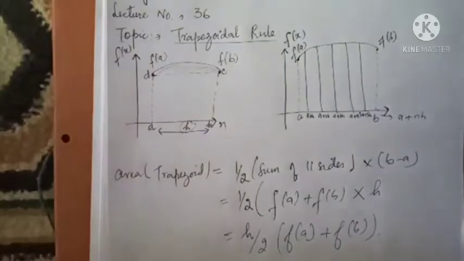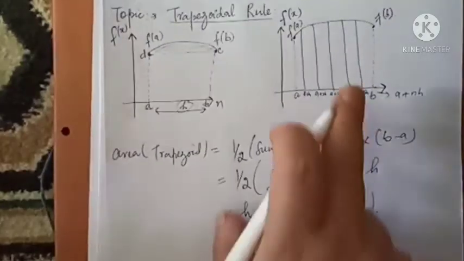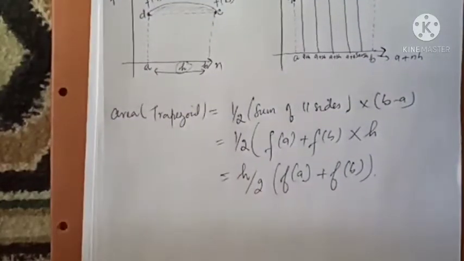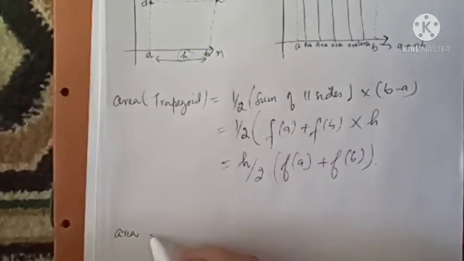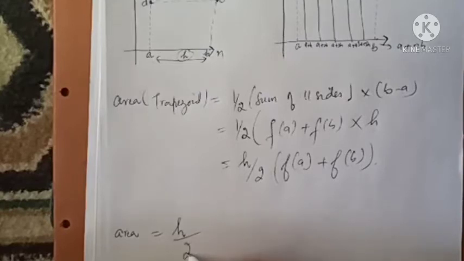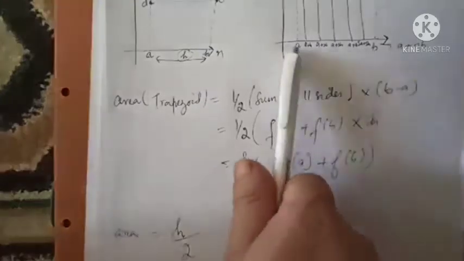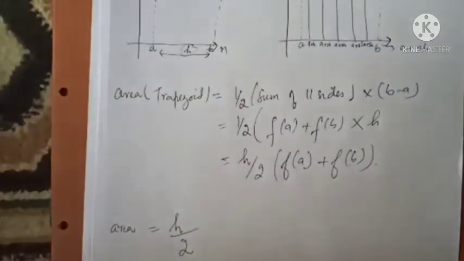Now, in the second diagram, the area will be equal to h divided by 2, because we have divided it into uniform parts.